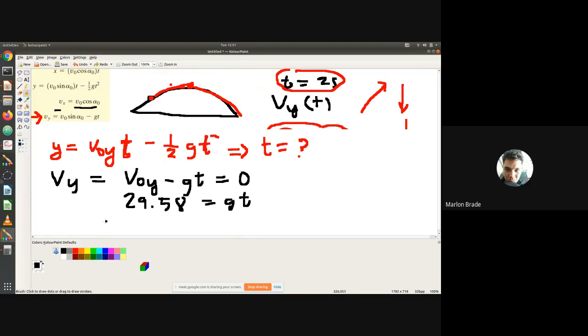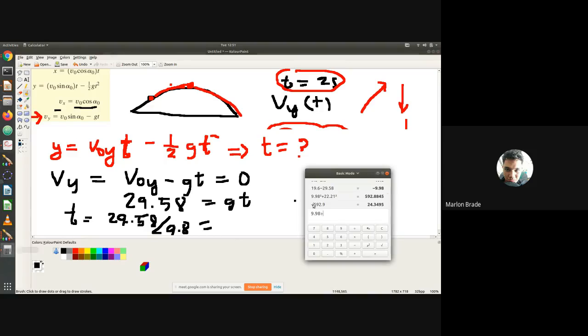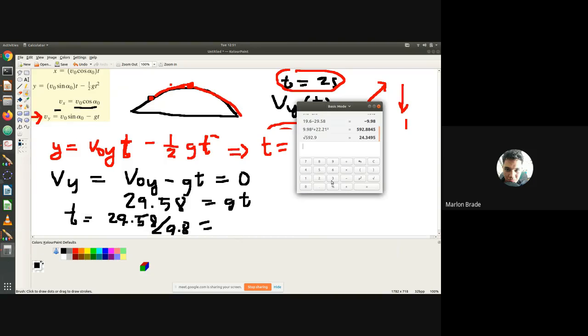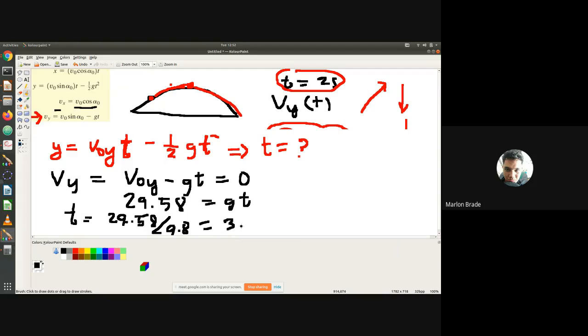This implies that time equals 29.58 divided by 9.8, which is 3.02 seconds.